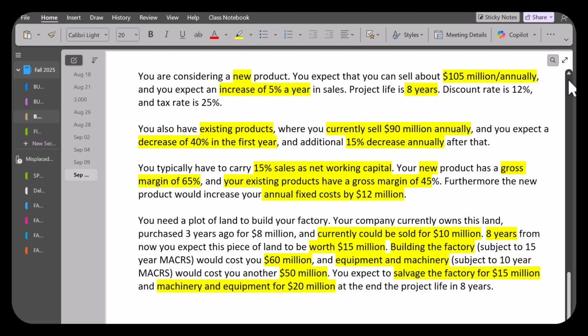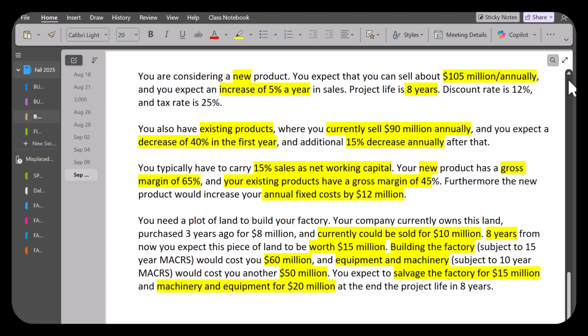That's one of the reasons you want a new product. For every $100 of sales, you get to keep 45, but it costs you 55 to produce those sales. And because of the new product, you also expect to incur fixed costs. These are costs that you would incur even if you didn't sell anything. $12 million annually.